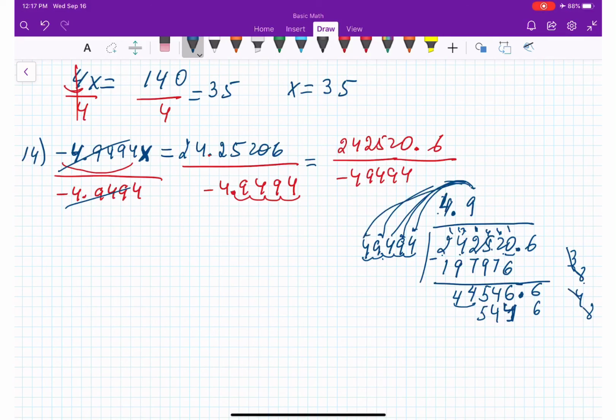And 9 times 4, 36, and 8, 44. Bingo. We are getting 0 here.